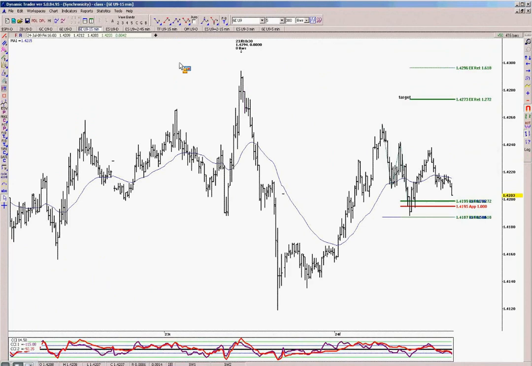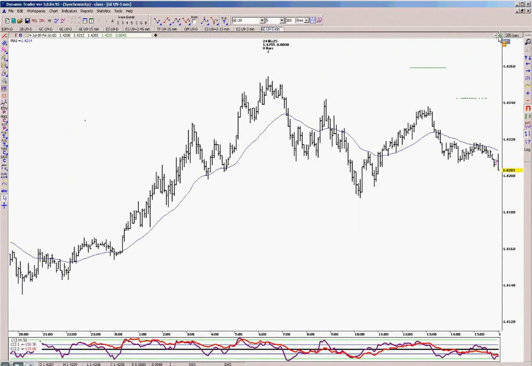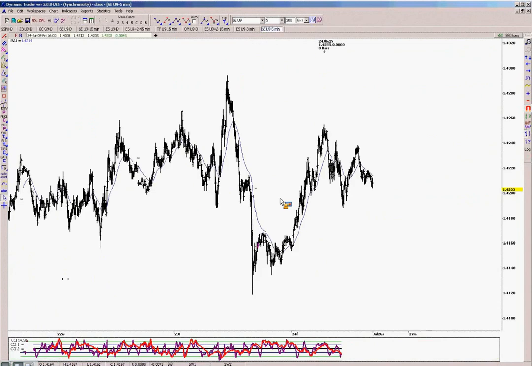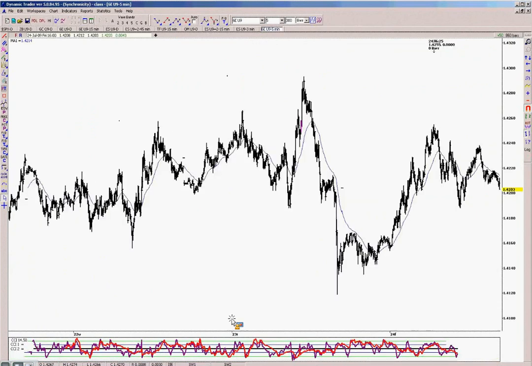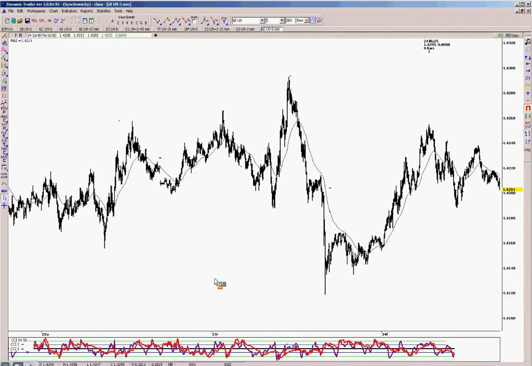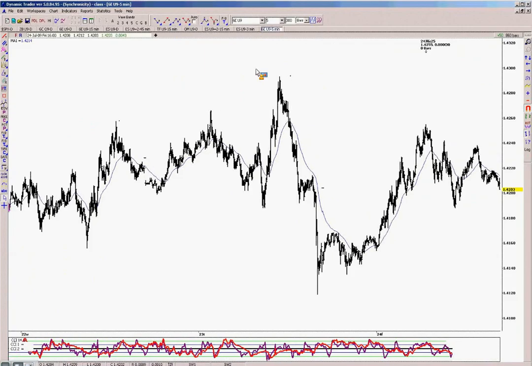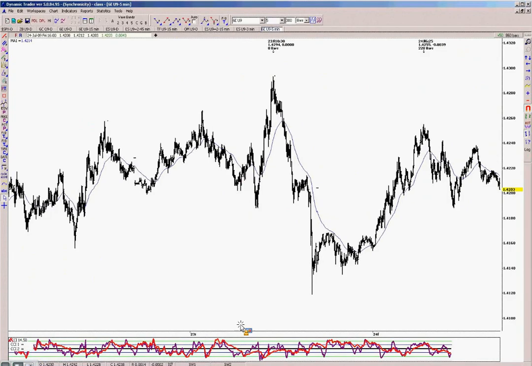Okay, here's the 142.94 that was made on the 23rd. We need to go back further. Okay, here we go. Here's where the high was made into time and price resistance. So that is your base setup.